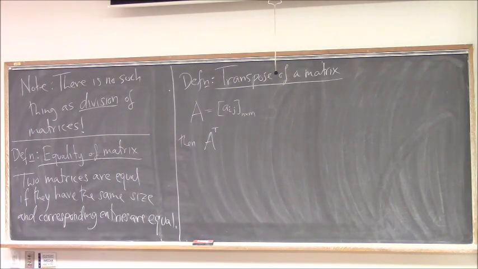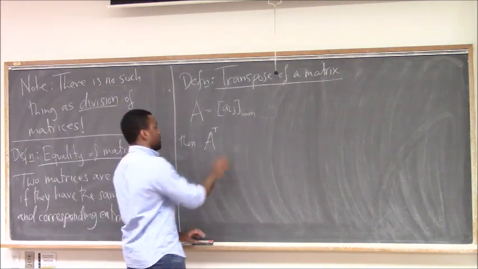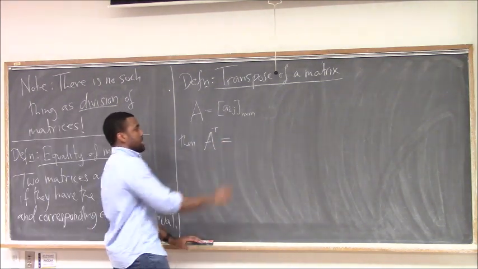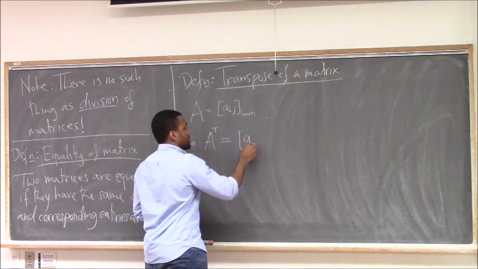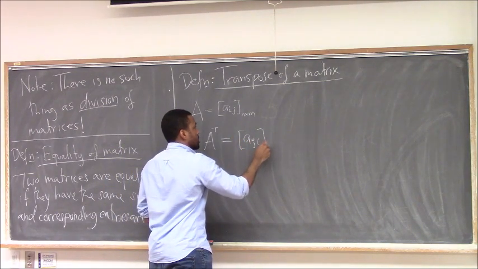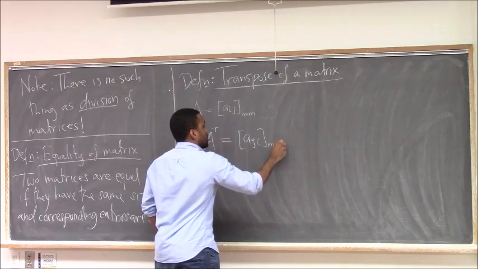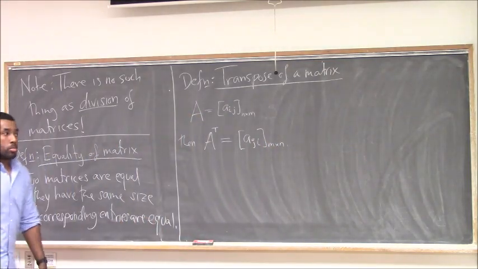So when you take a matrix and raise it to the power uppercase T, that signifies A transpose, or the transpose of A. And that's just this matrix. Notice that the rows and columns are switched.